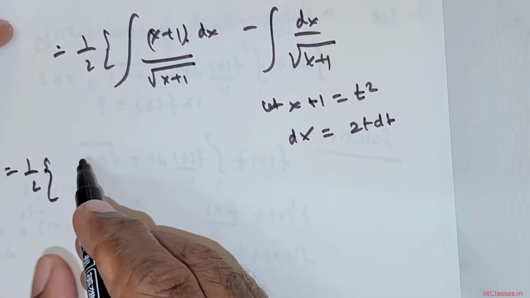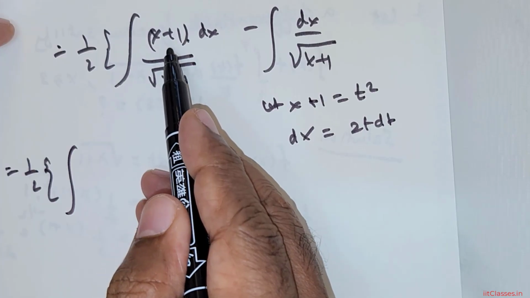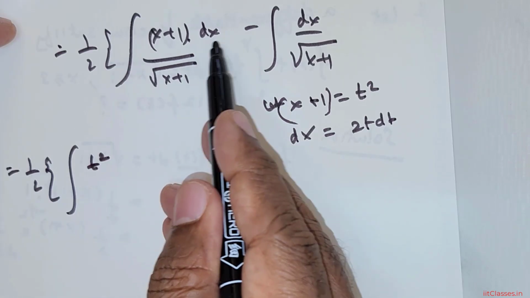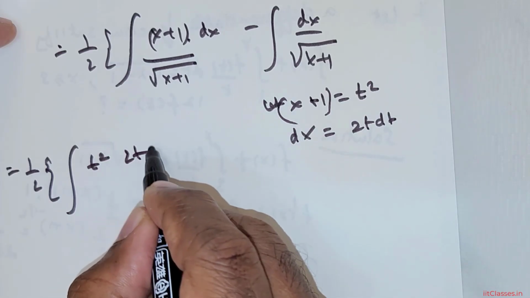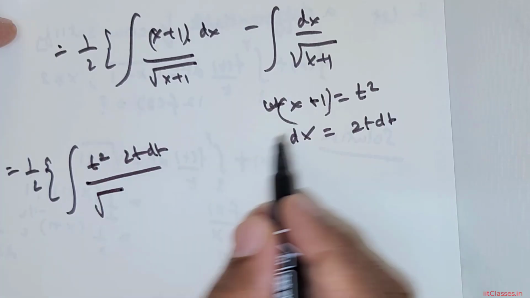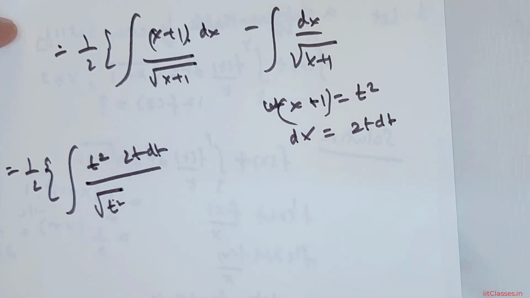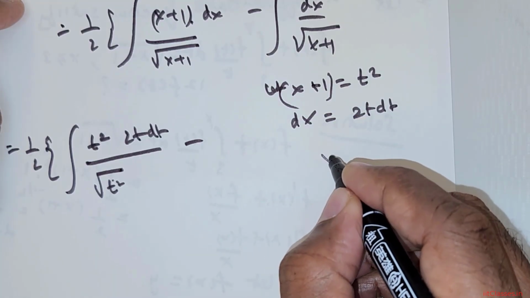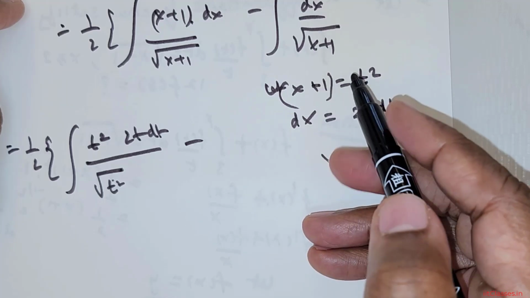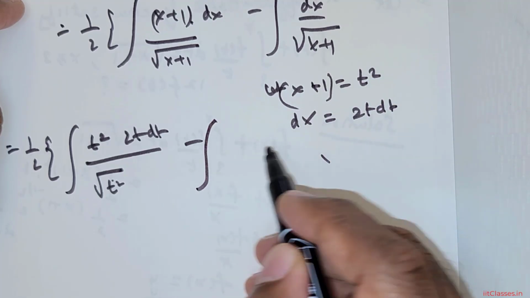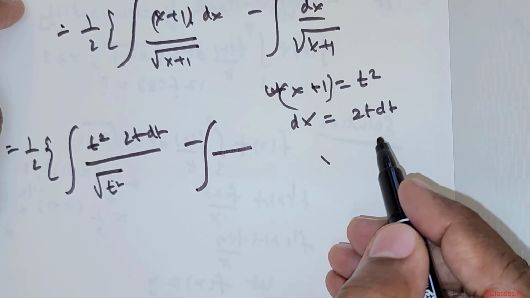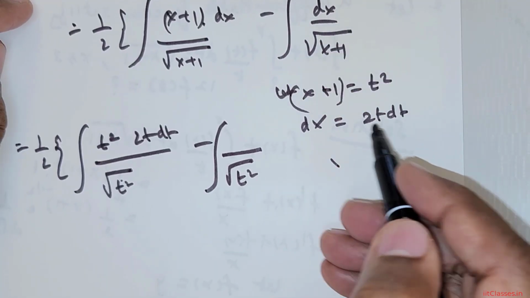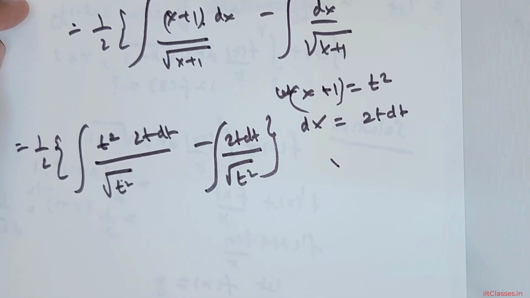So this is 1/2 integral (x+1): in place of x+1 it's t squared, in place of dx it's 2t dt, and in place of √(x+1) it's √(t squared). So this is with the first quantity. Now for the second integral I can have the same substitution, no harm in it. So x+1 is t squared, so it's root of t squared. My dx is 2t dt. So this is what I've got.